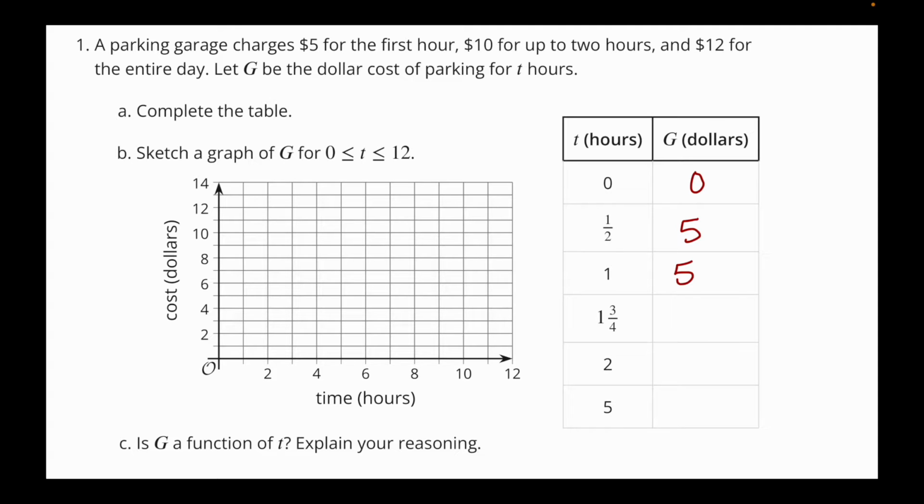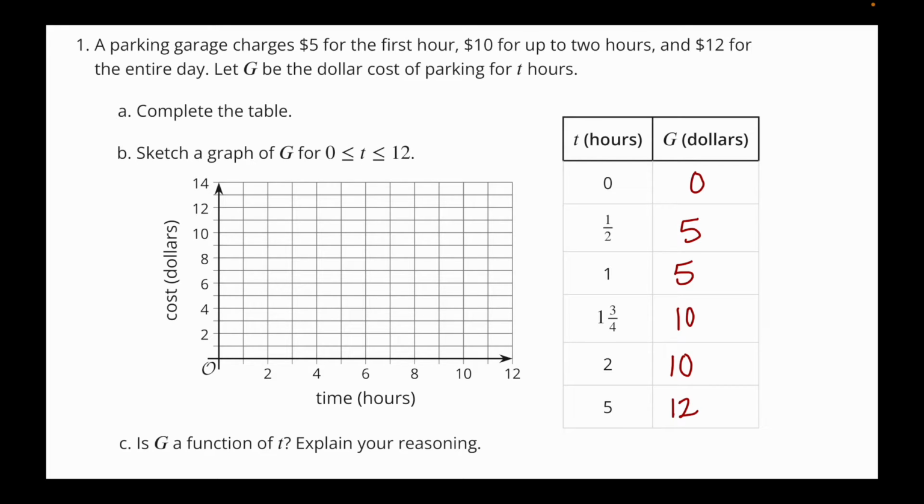It's $10 for up to 2 hours, so it'll be $10 for any amount between 1 and 2. And then $12 for the whole day. So that means $12 for anything after that up to like 24.